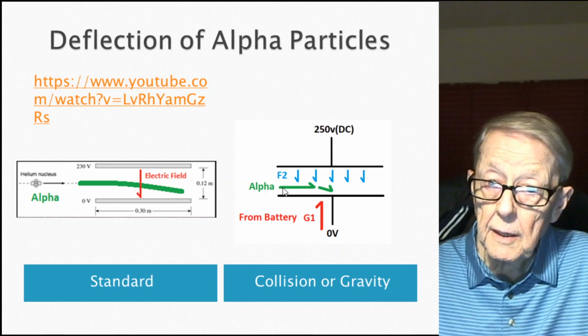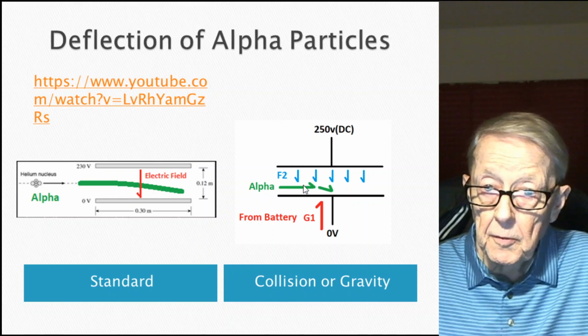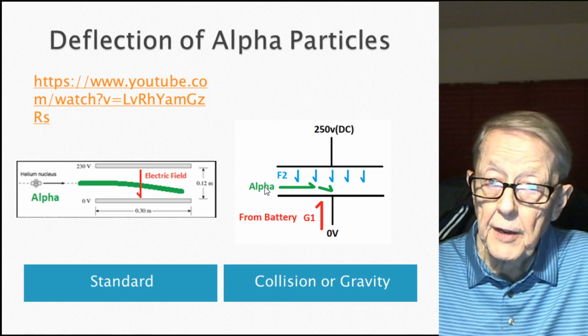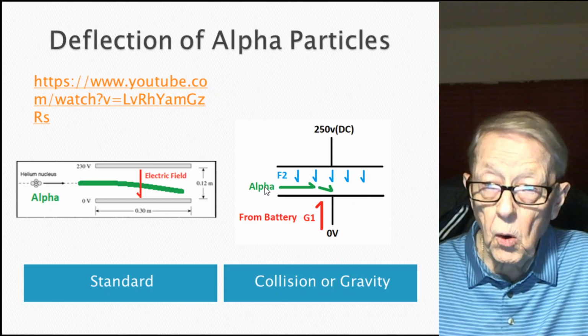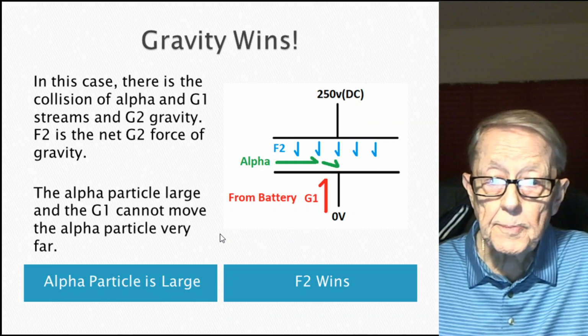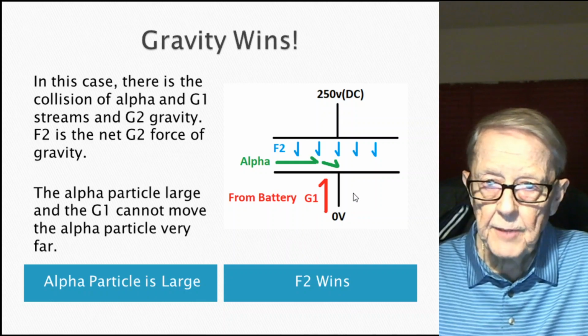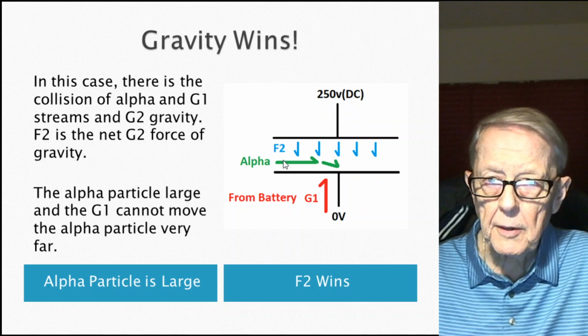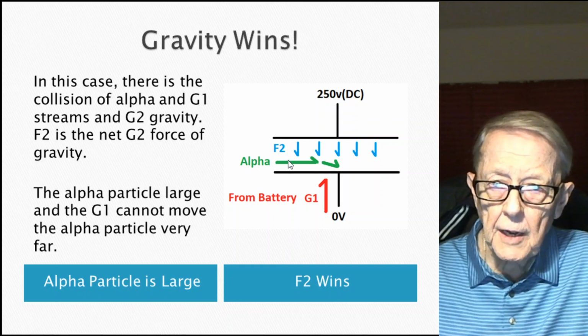But that moving faster should make it continue. On the other hand, the alpha particle is 4 N1, or 4 nucleons. This is a heavy particle. This is not light.